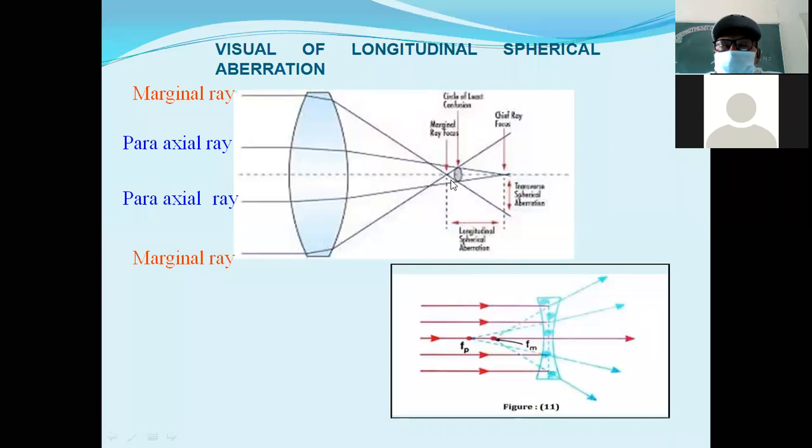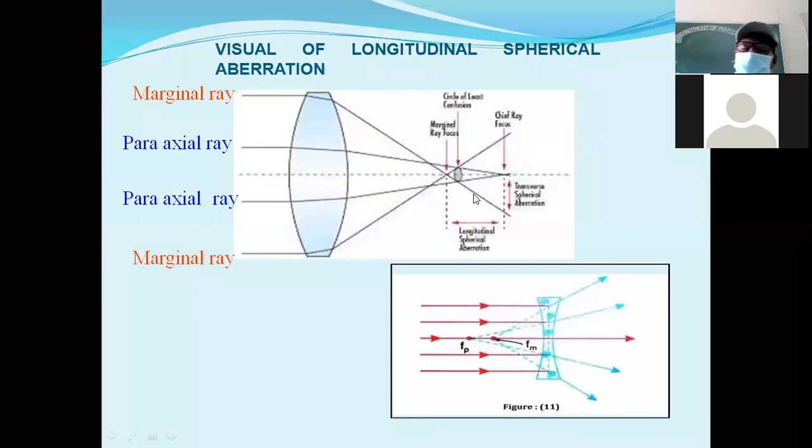So the distance between these two points is called the longitudinal spherical aberration, because the image is formed by elongating from this point to this point. And the diameter, that is the vertical distance of the circle of least confusion, is taken as the transverse spherical aberration.